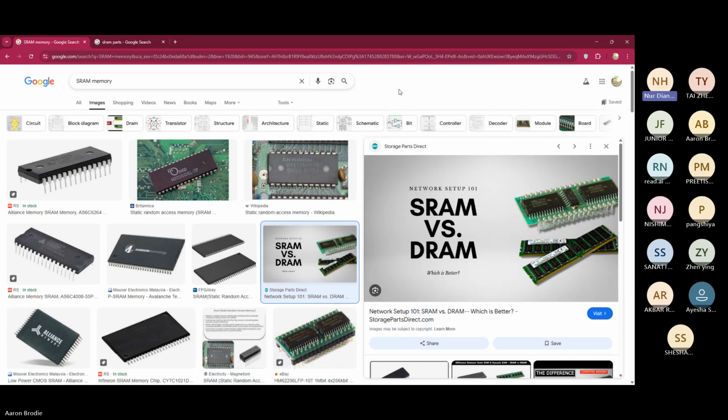I want you to find out these three things, and then find out about ROM, EEPROM, what else? Flash memory.